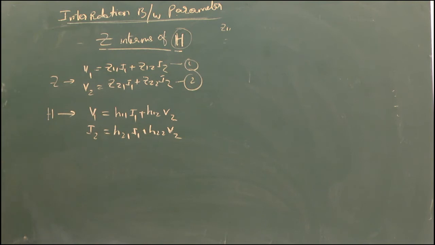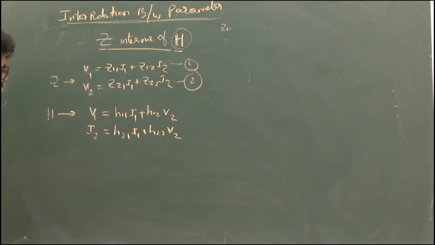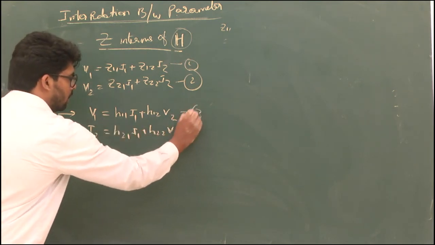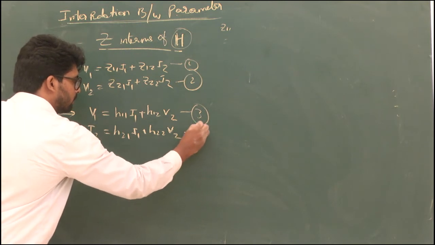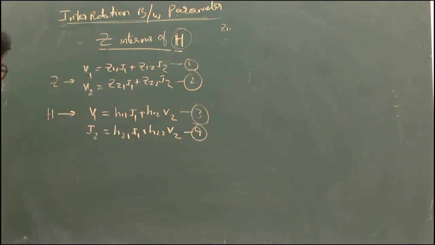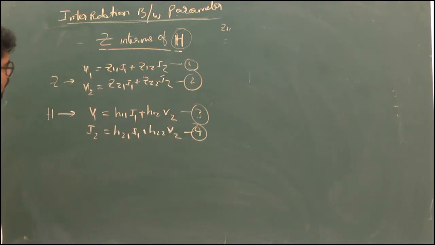Now the thing is, we need V1 and V2 in terms of I1 and I2. So this H parameter set is equation 3 and this is 4. Is there any provision for equations 3 and 4 to be put in the form of equations 1 and 2? Observe carefully.